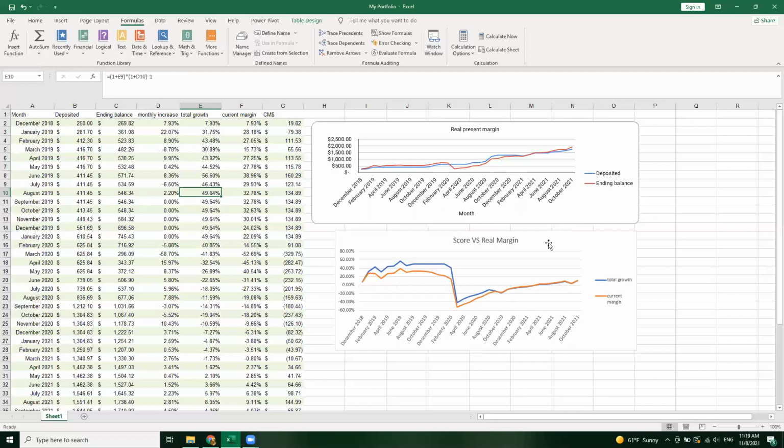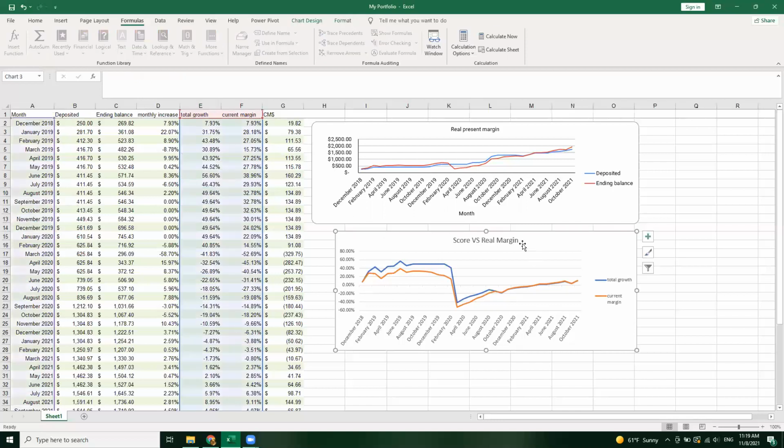And that's where this chart is. This chart is comparing score. Score is total growth because that's how I fared. It's my investing score. Whereas current margin, I'm not calling it a score. It's my actual difference between where I started and where I am, the sort of dollar value.